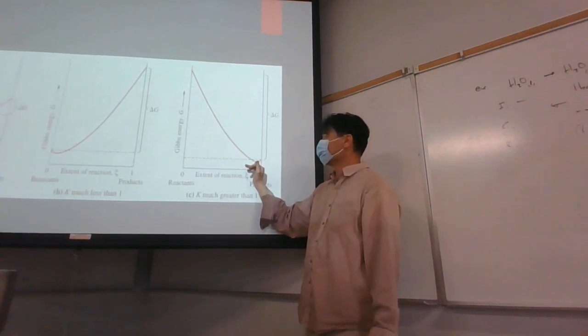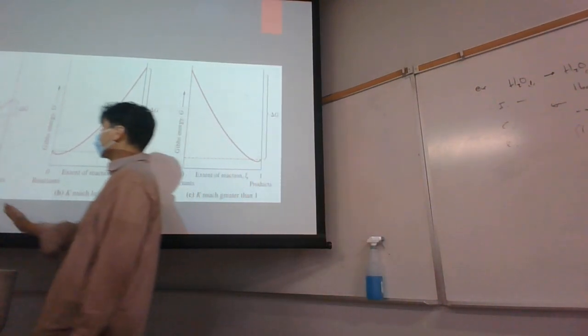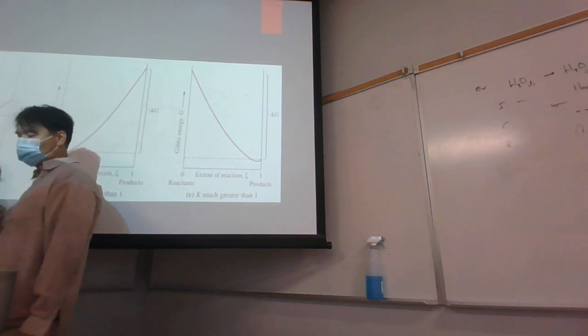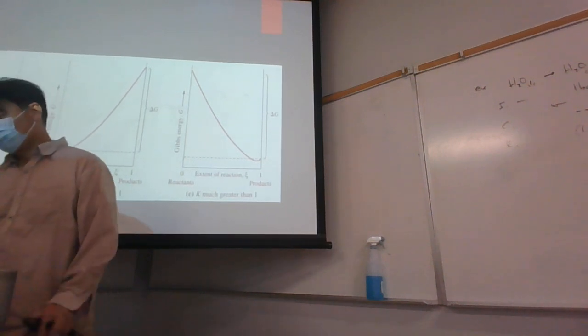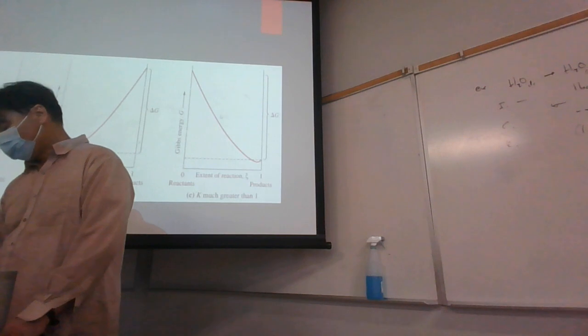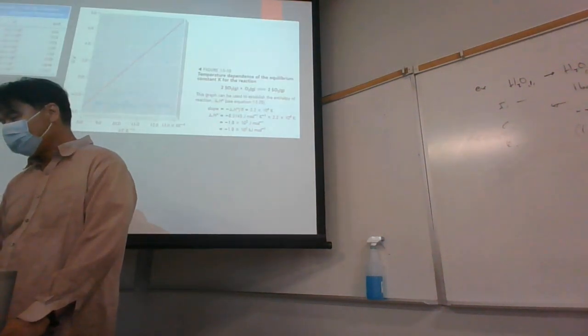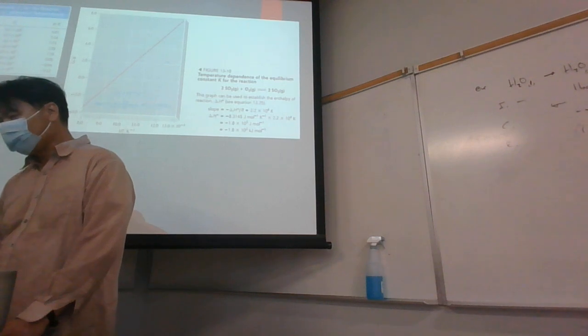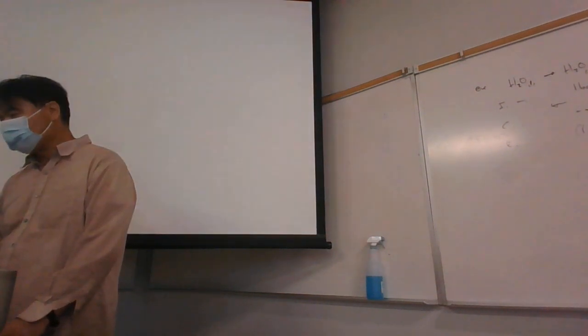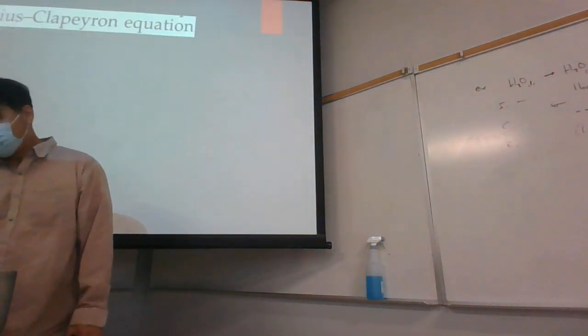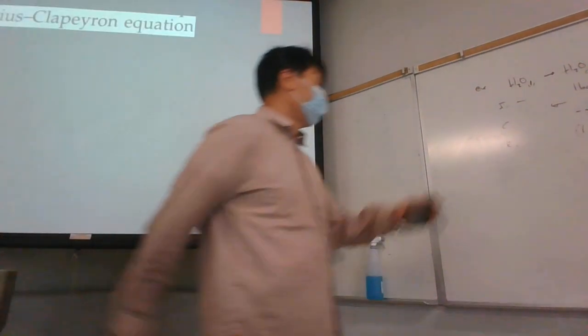This is all products. Or at some point we have equilibrium. This you don't have to worry about too much. Non-standard conditions with K and T, and this is the Clausius-Clapeyron equation.